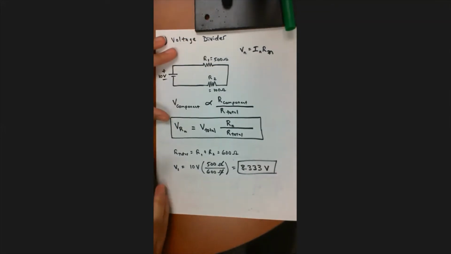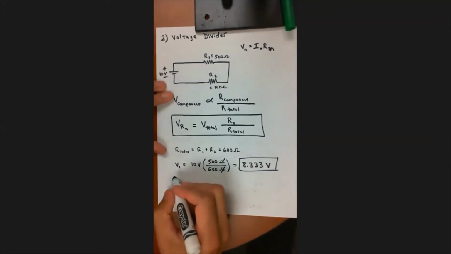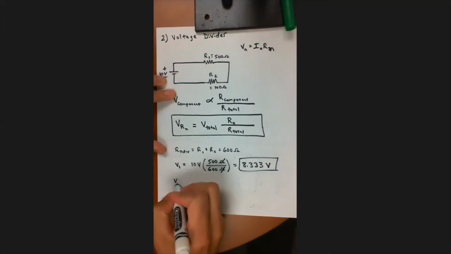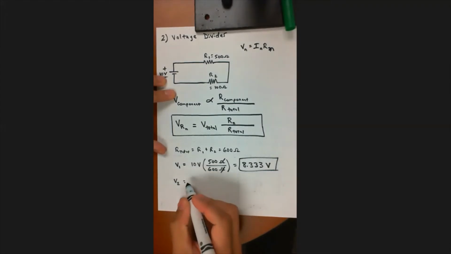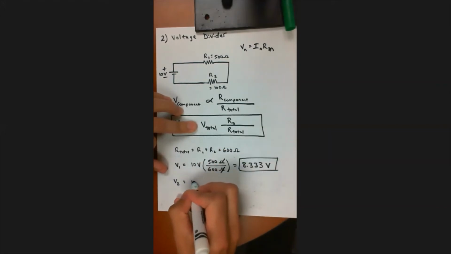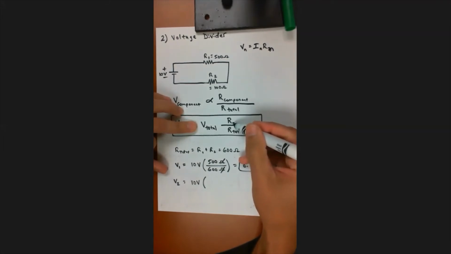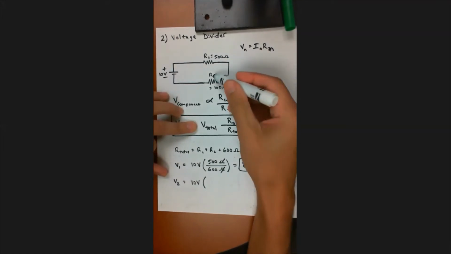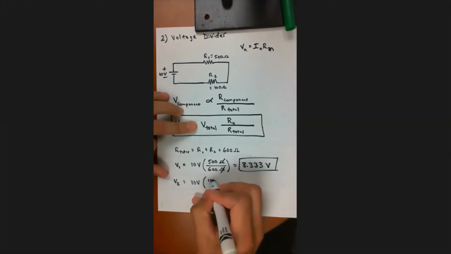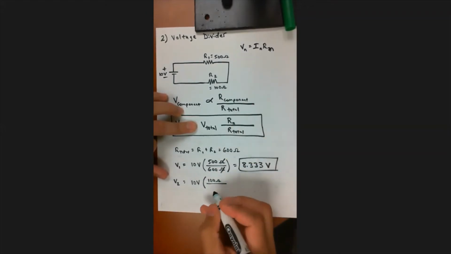It's pretty straightforward, right? Let's do one more just to make sure everyone's clear on this. Let's do V2. V2 equals the product of V total, which is 10 volts, times, now n equals 2, so the value of R2 is 100 ohms. The value of R total is still 600 ohms.